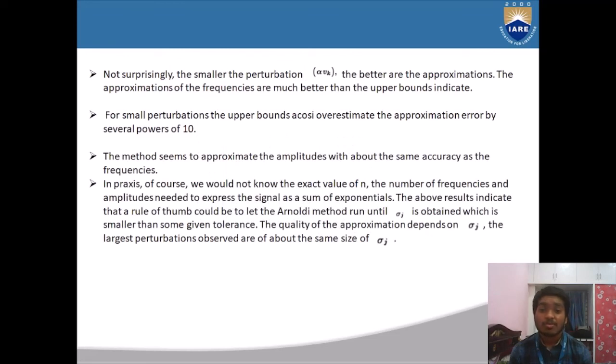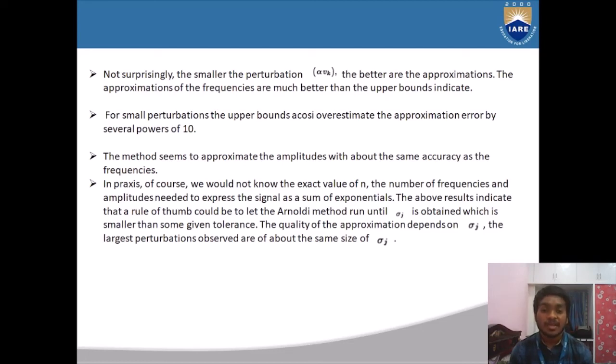The smaller the sigma, the better the approximations. The approximations of the frequencies are much better than the upper bounds indicate. For small perturbations, the upper bounds overestimate the approximation error by several powers of 10. The method seems to approximate amplitudes with about the same accuracy as the frequencies. In practice, of course, we would not know the exact value of n, the number of frequencies and amplitudes needed to compress the signal as a sum of exponentials.